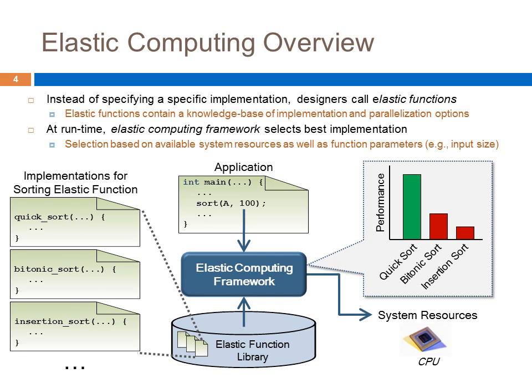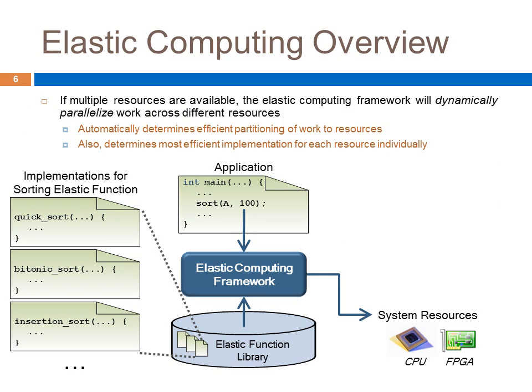So for a CPU, I know that a quicksort is the best performing algorithm, and so I'm going to execute this sort function as a quicksort. Alternatively, if an FPGA was our only available resource when this sorting function was called, the elastic computing framework would see that, okay, in this situation, a bitonic sort is more efficient, and so I'm going to execute the sort using a bitonic sort algorithm.